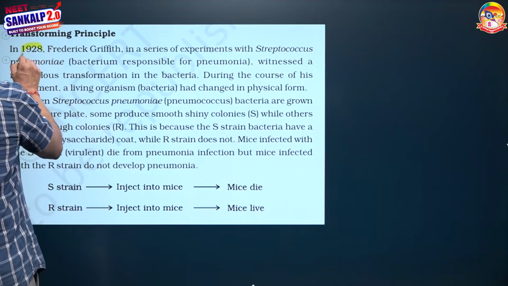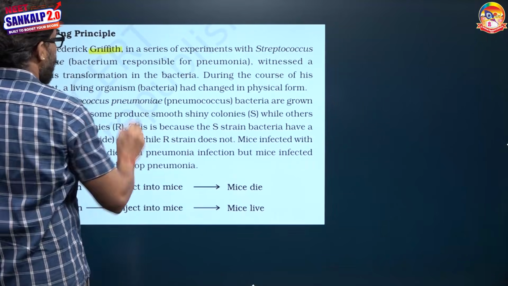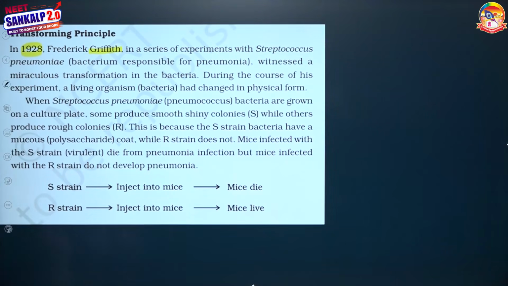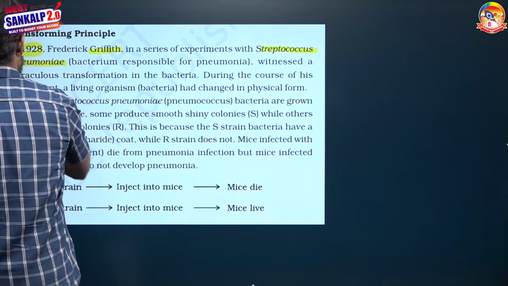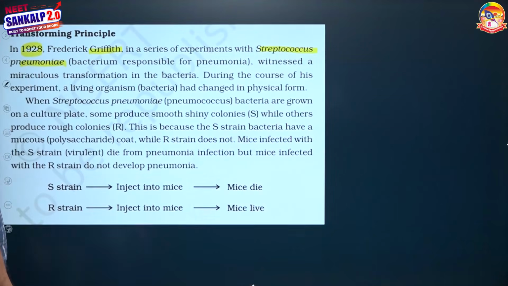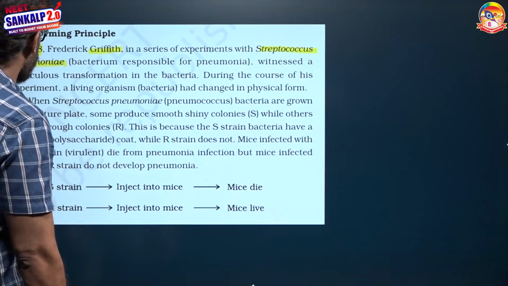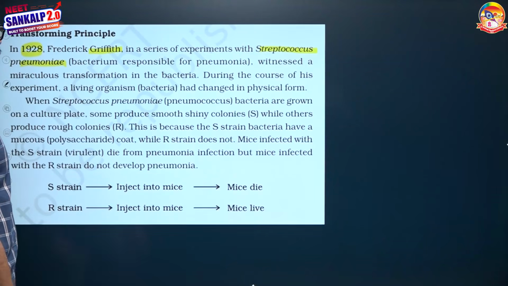In 1928, Griffith did a series of experiments on Streptococcus pneumoniae bacteria, also called Diplococcus pneumoniae. He witnessed a miraculous transformation of the bacteria. During the course of his experiment, a living bacterium changed its physical form.